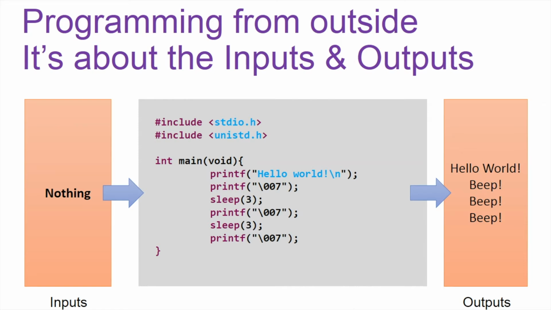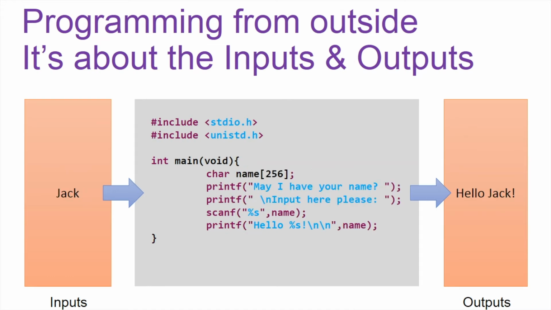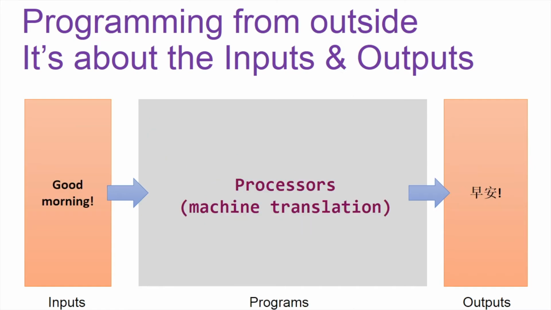But in our first example playing the sound, we don't actually give any inputs, but the system gave us the hello world printed out on the screen and the beep beep beep three sounds. That's the outputs. And sometimes you can use a program to input a name, Jack, and the output will be given as hello Jack, something like that. This is another program.